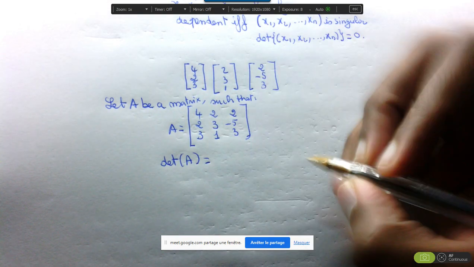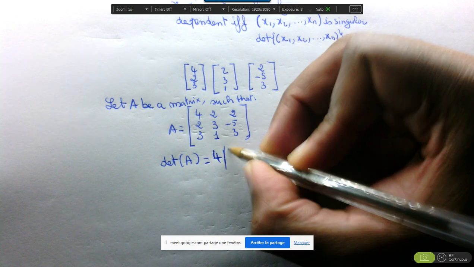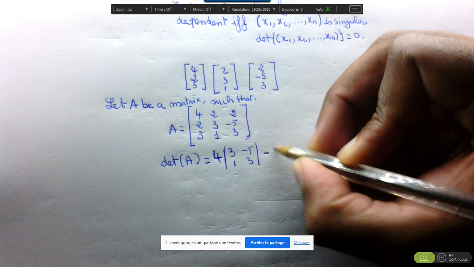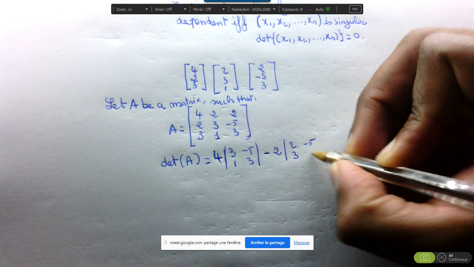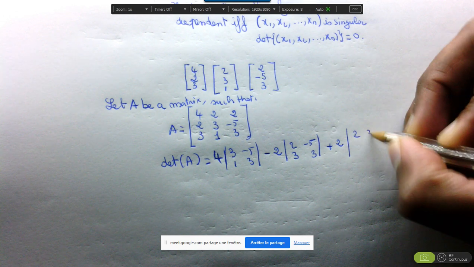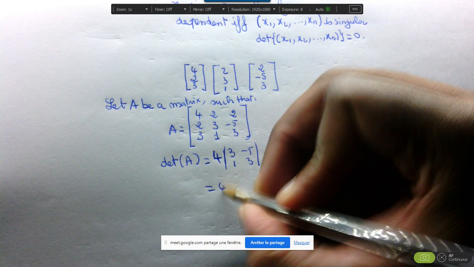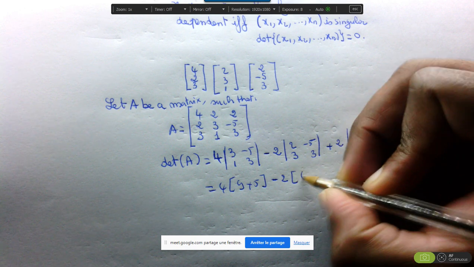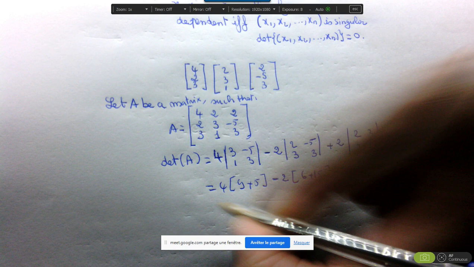Now we can find the determinant of the matrix A. We put 4 here, 3, negative 5, 1, 3. Here minus 2, 2, negative 5, 3, 3, plus 2, 2, 3, 3, 1. And when we solve this, I have 4 here, 9 plus 5, minus 2, 6 plus 15, plus 2, 2 minus 9, and I have 0.